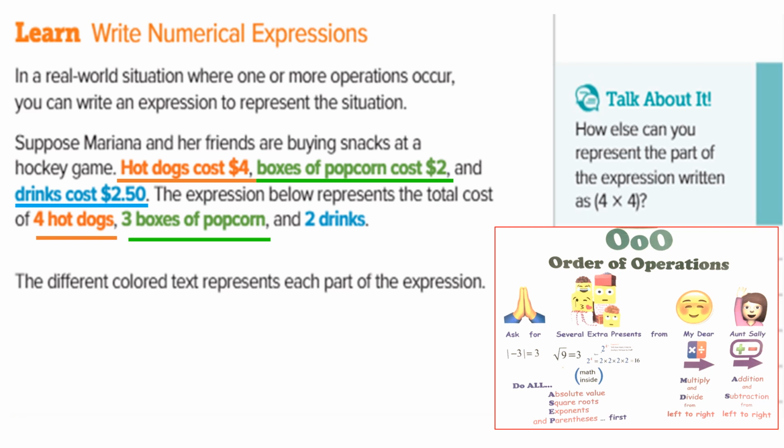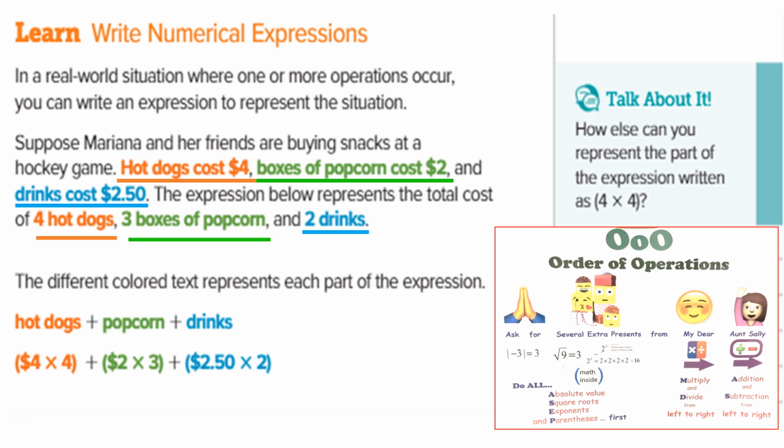And my drinks are $2.50 a piece, but I'm buying 2 drinks. Then I have to create this math problem because I want to find out how much money the total cost was. Well, total tells me I'm adding them together, but I need to know how much is 4 hot dogs at $4 a piece, and 3 boxes of popcorn at $2 a piece, and 2 drinks at $2.50 a piece.